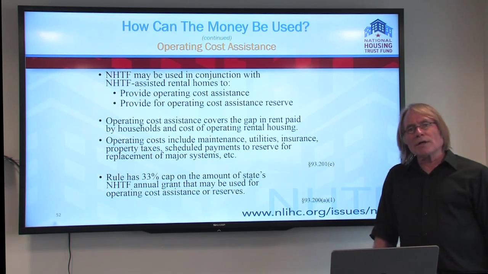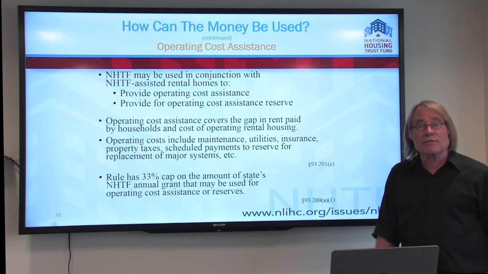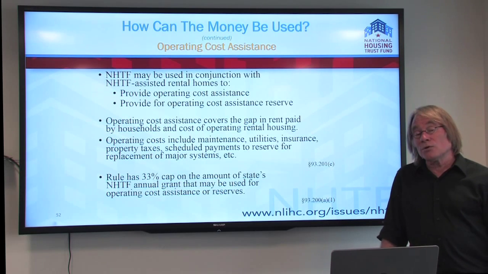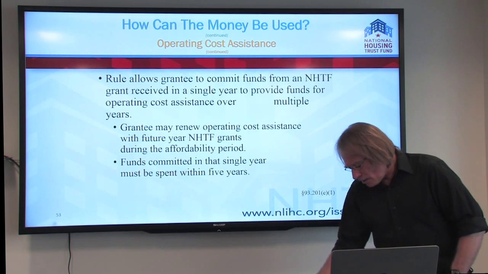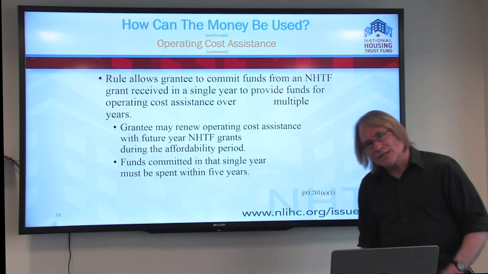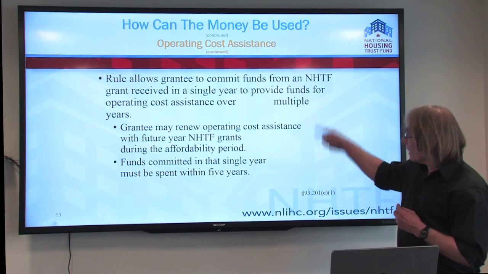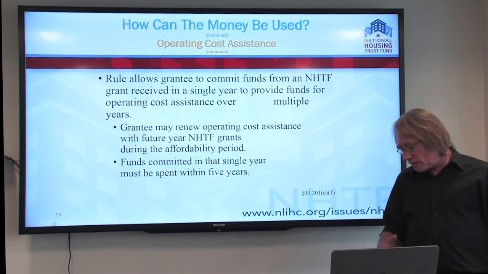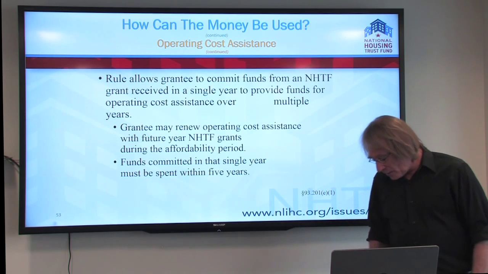The interim regulations say that up to 33%, or up to a third, of a state's trust fund allocation in any given year can be used for operating cost assistance or for a reserve. That interim rule allows a grantee to commit funds from a National Housing Trust Fund grant received in any single year to provide funds for operating cost assistance over multiple years.